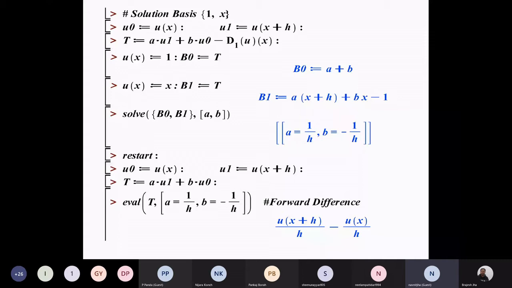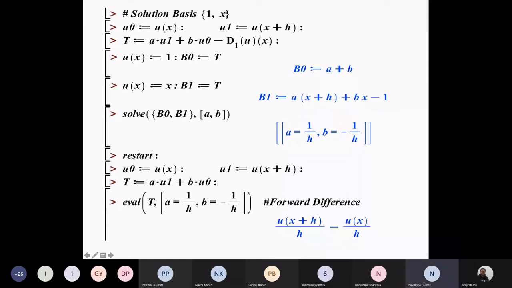And u0 is u of x and u1 is u of x plus h. I am going to formulate a linear combination of u0 and u1, that is a into u1 plus b into u0. And this is the first derivative; d1 stands for the first derivative.